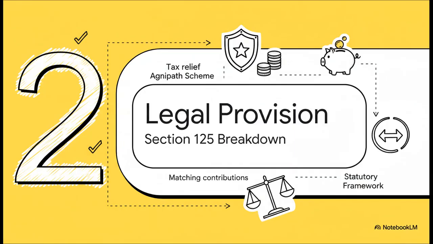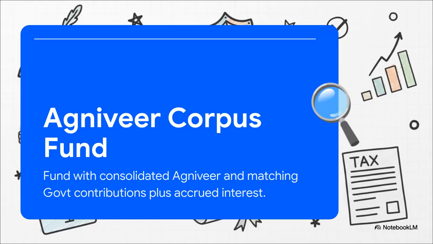All right, let's break down the actual legal mechanics of Section 125. The objective here is twofold: to provide structured, clear tax relief for individuals enrolled in the scheme, and to standardize the tax treatment of the matching contributions made by the central government. Subsection 3 of Section 125 gives us our statutory definitions. It defines the Agnipath Scheme strictly as the Armed Forces Enrollment Scheme introduced by the Ministry of Defence back in December 2022.